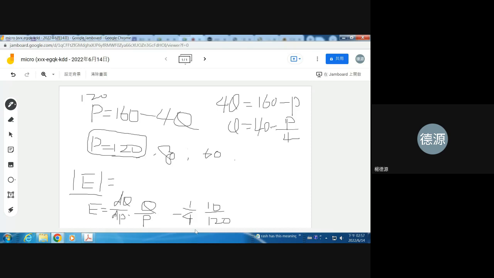So how much is that? Oh gosh, it's not a good number. So here the elasticity is negative 1/48, right?